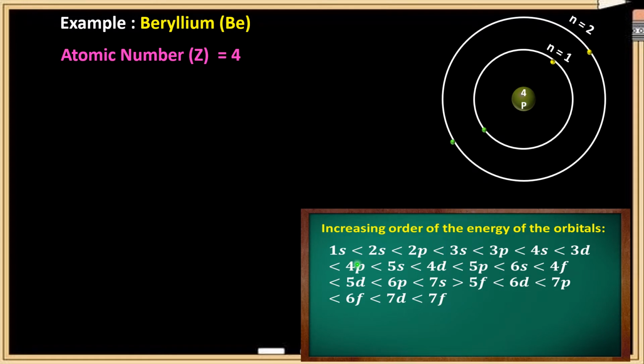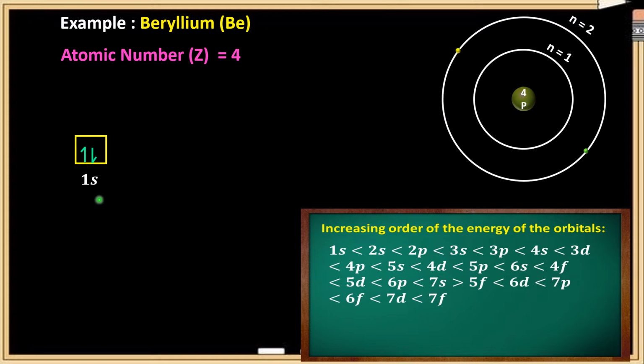Now this is the increasing order of the energy of the orbitals. You can see here. So first I will draw 1s orbital. The first electron enters into 1s orbital. The second electron pairs up with this electron in 1s orbital.